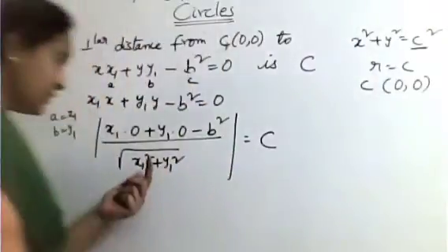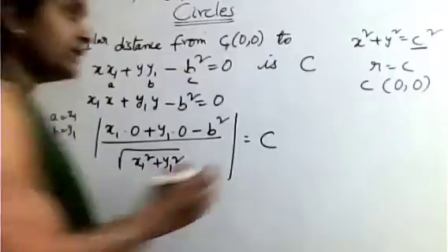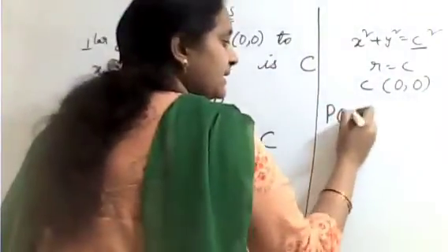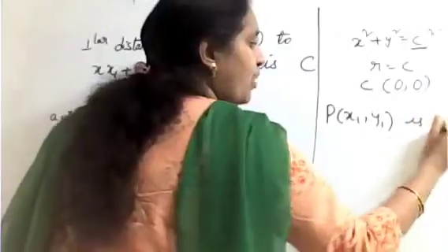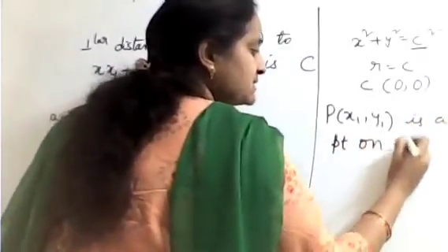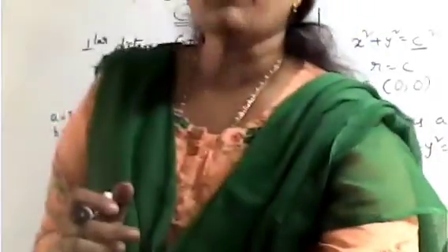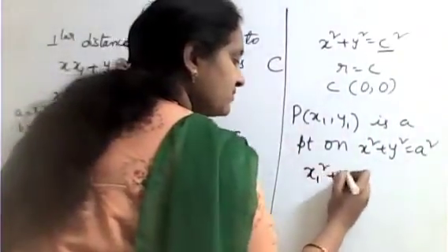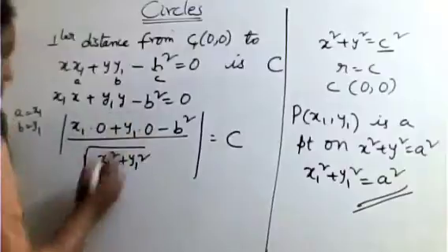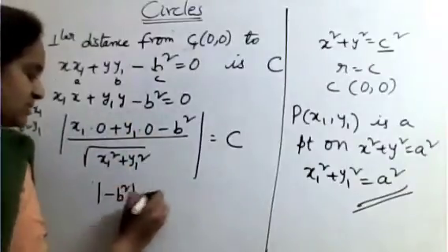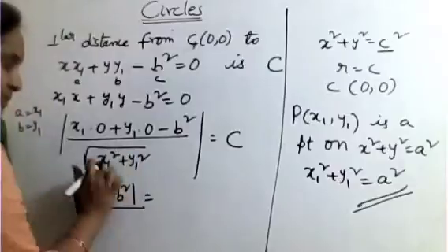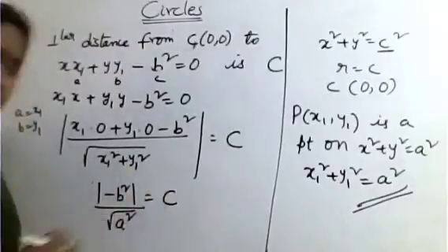Now, P(x1, y1) is a point on x square plus y square is equal to a square, so the point satisfies the equation of the circle, and x1 square plus y1 square is equal to a square. Substituting, modulus of minus b square, that is b square, divided by root over a square, is equal to c.